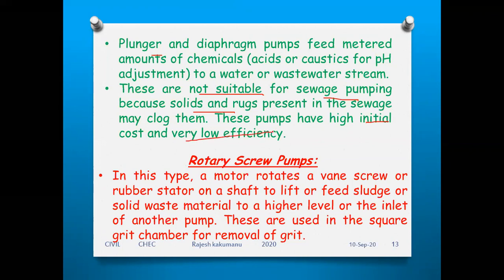For example, take bikes: a Hero Honda Splendor and a Bullet. We need both. If you take a Hero Honda Splendor, it gives 75 to 80 kilometers per liter. But if you take a Bullet bike, it gives a maximum of 30 to 35 per liter. So both are needed, but it depends upon the application and the passion you have.